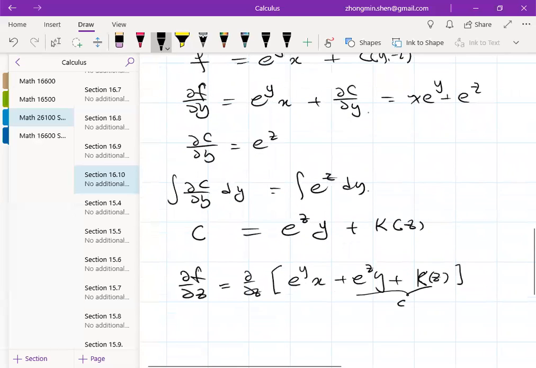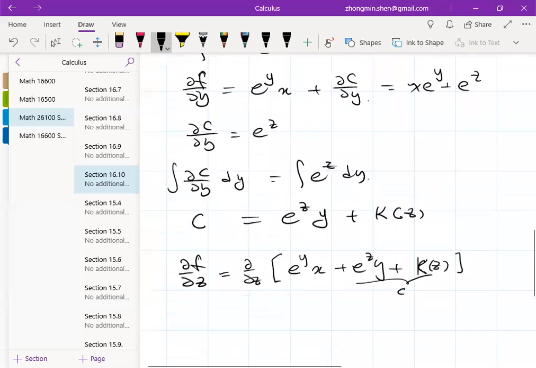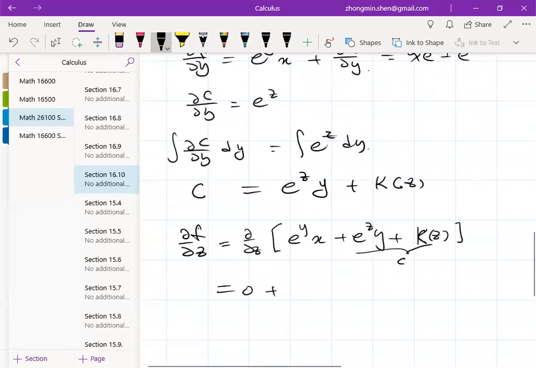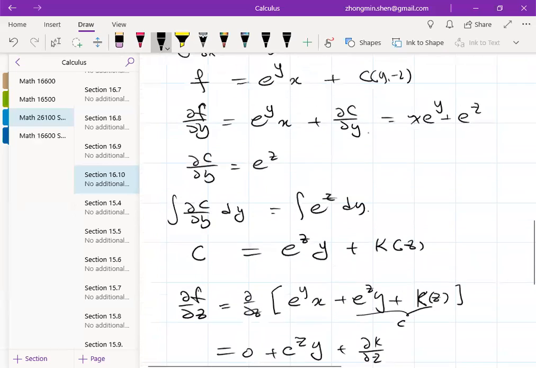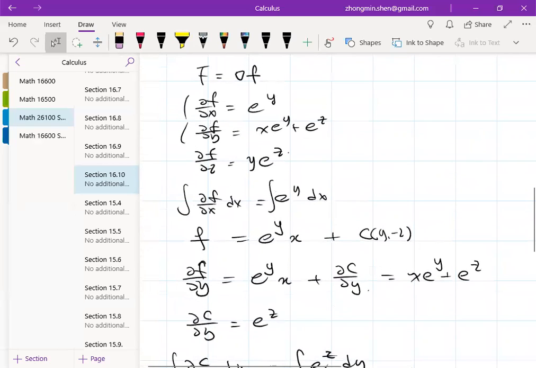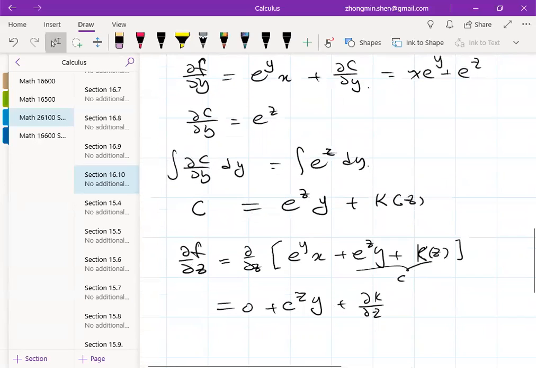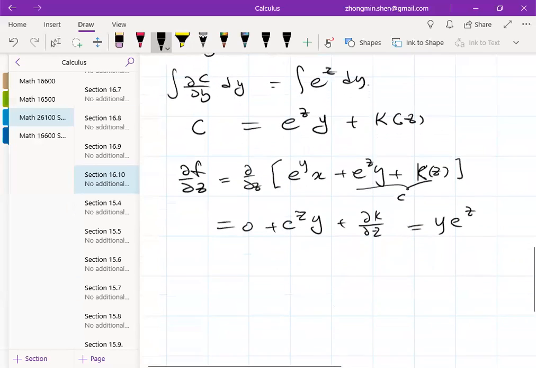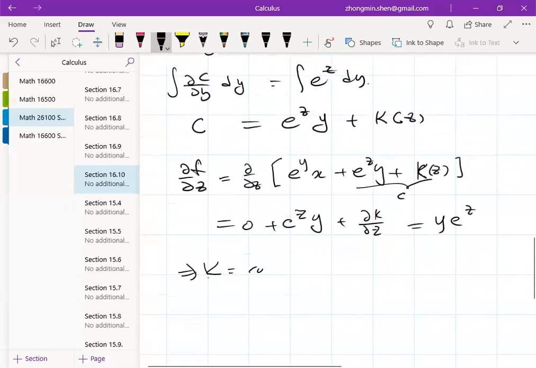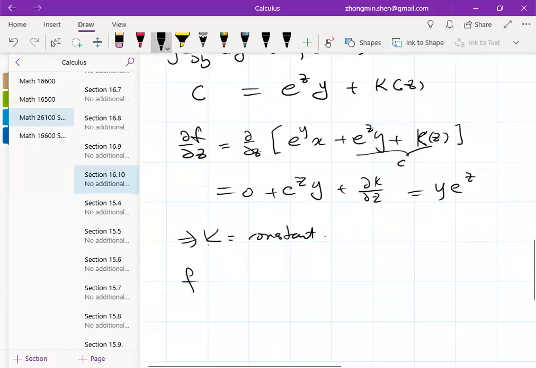When I differentiate with respect to z, the first term is 0, the second term is e to the z times y, and the third term is k prime. Then I go back to what I'm given, the partial derivative with respect to z, which is y e to the z. So y e to the z equals y e to the z, and then clearly k must be constant. It's going to be 0. So my f is going to be x e to the y plus y e to the z plus any constant.